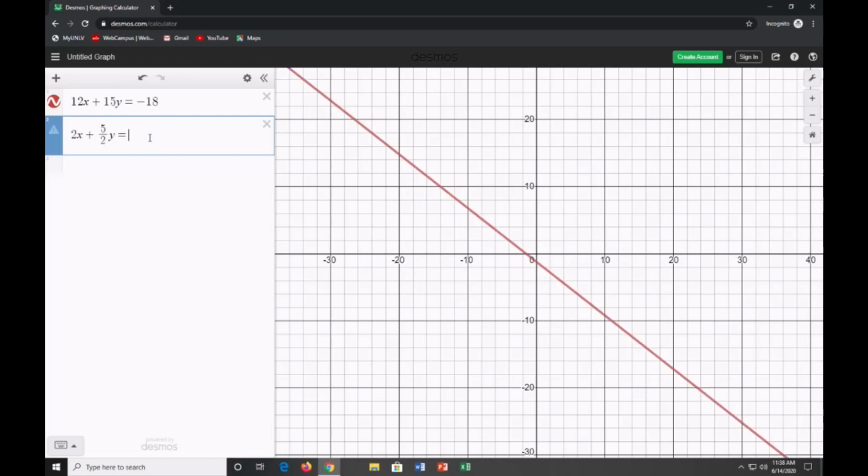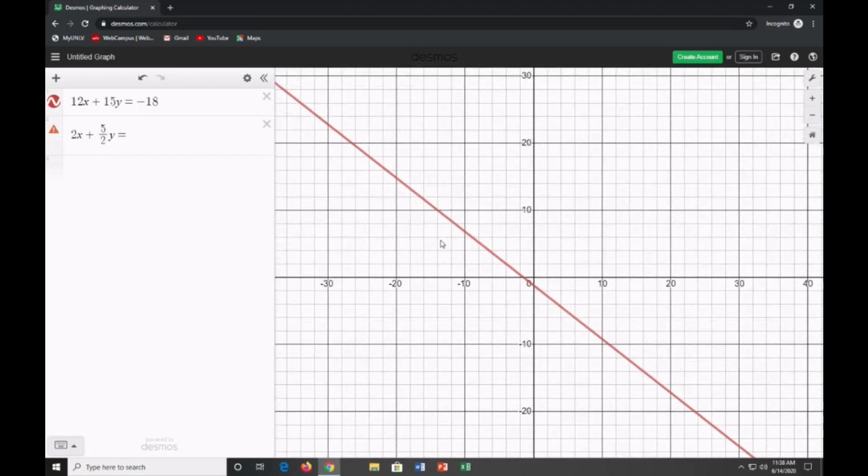Before I did that, here's the red line, which is the equation you see there. But as soon as I enter minus 3, the blue line appears, and it is overlapping the red one completely. There. You see that? So the two lines are the same, and therefore they intersect each other at infinitely many points along their length.